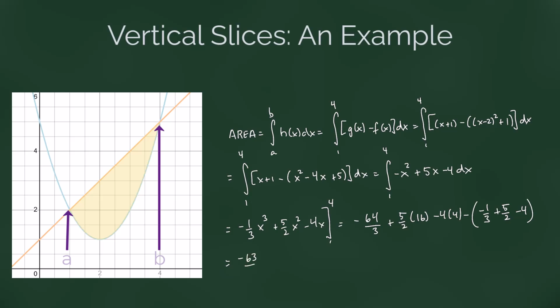Combining our like terms, we have negative 63/3, 75/2, and negative 12, which all combines to give us negative 21 plus 37.5 minus 12 for a total area of 4.5 units squared.